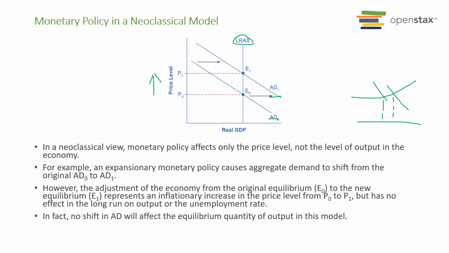According to the neoclassical view, the long-term impact of expansionary monetary policy is either inflation or deflation in the economy. It wouldn't cause any real change in the unemployment rate or real GDP in the long run.